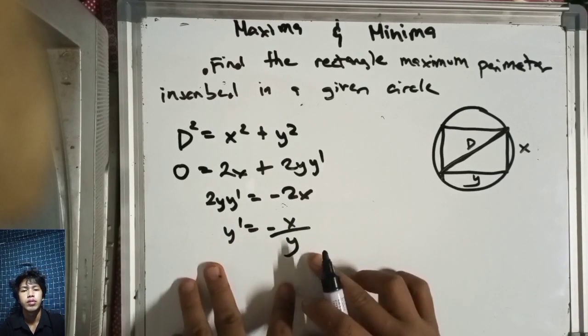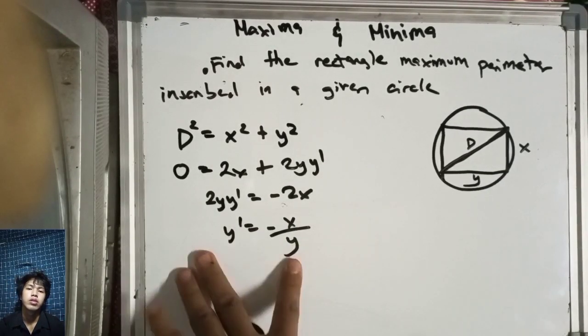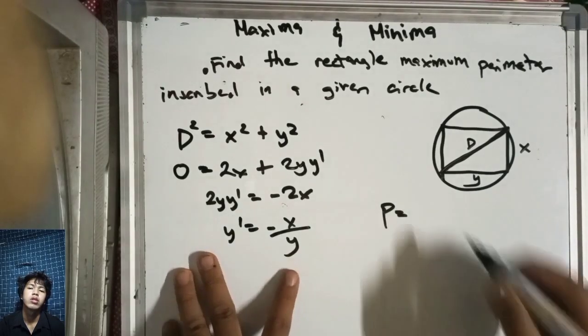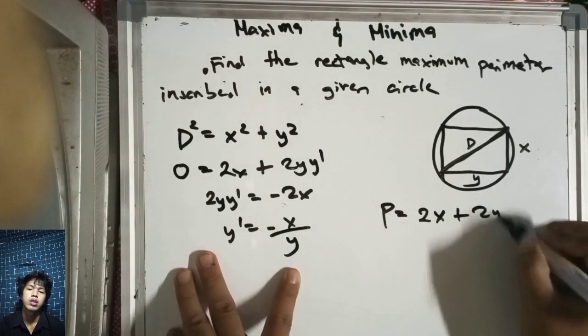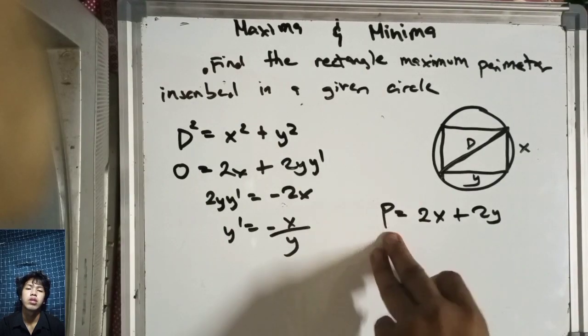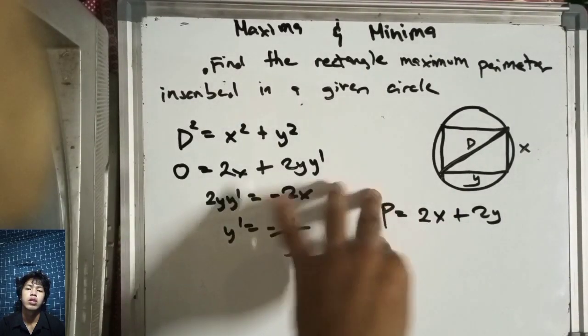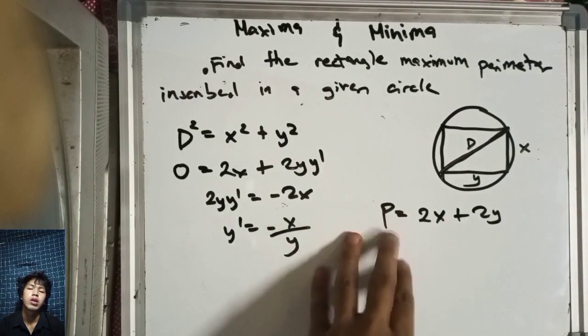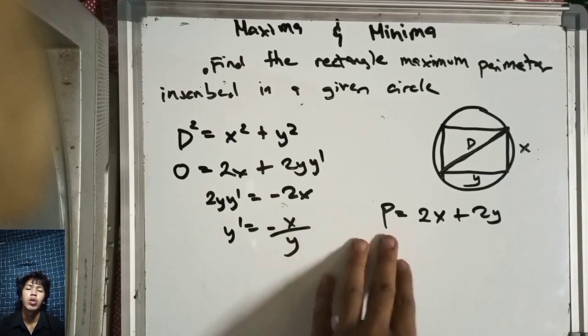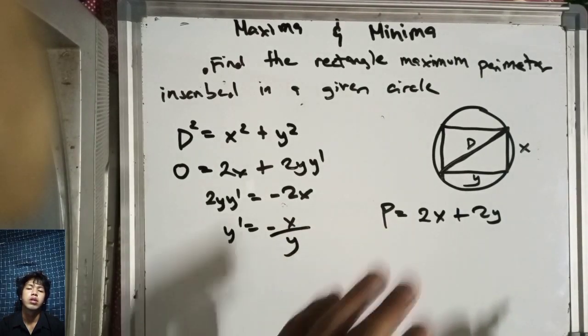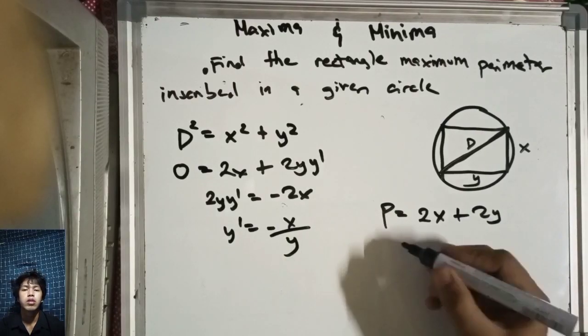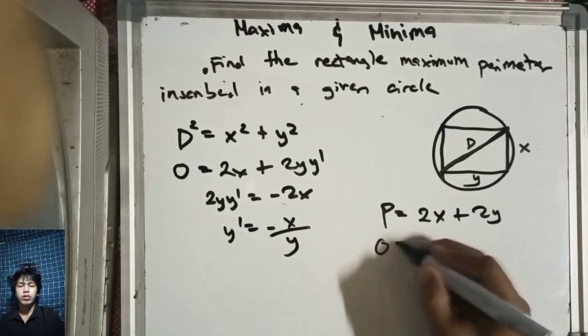So we're going to find the maximum perimeter. The perimeter is equal to 2x plus 2y. The perimeter is at its maximum, so we assume that it is a given, and the derivative of a given constant is 0.